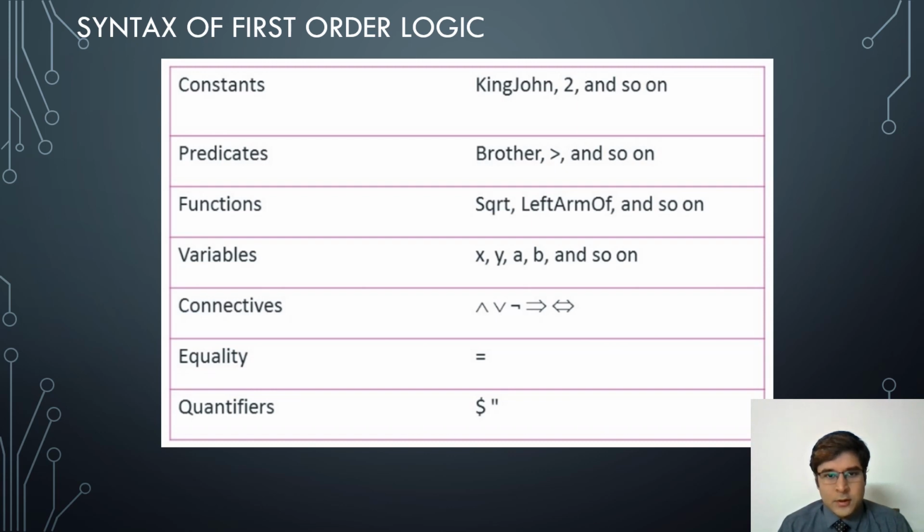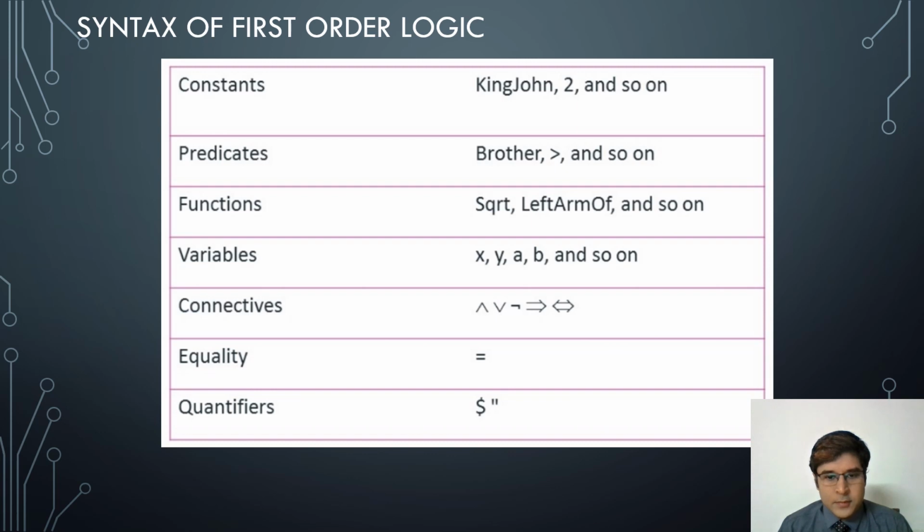Functions also form the syntax of first order logic. Functions can be an operation on any of the other operators, for example, sqrt, that is square root, or left arm of, and so on.